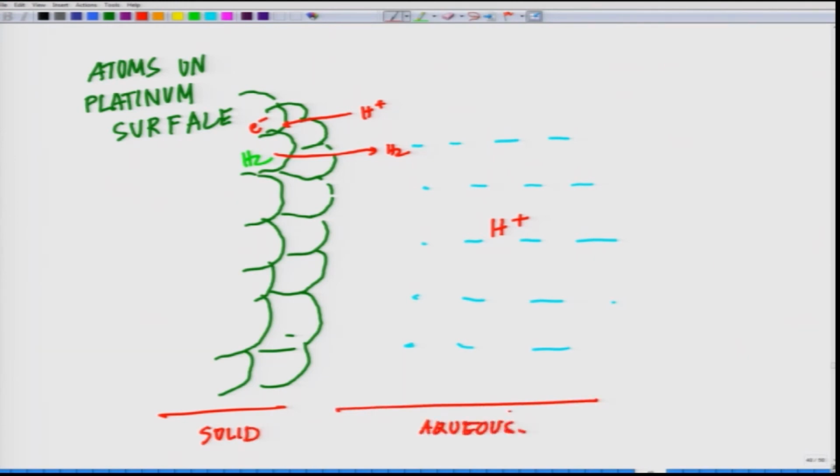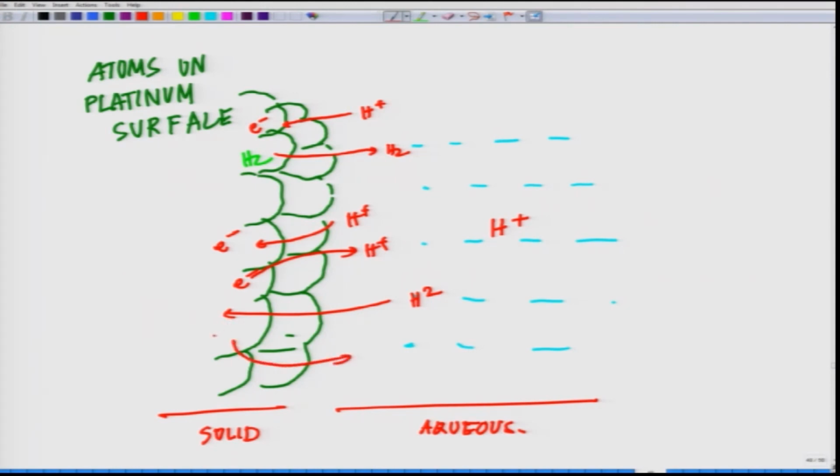Similarly, some of these H plus ions are coming here, giving away the electron, and vice versa, the electrons are going there, and hydrogen from here, which is getting evolved, is coming back onto the surface of platinum.